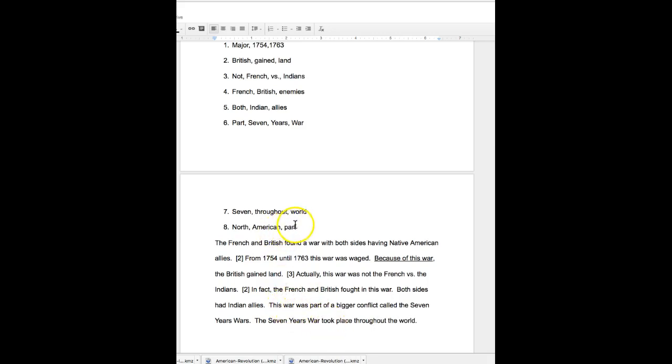And then the last sentence, the North American part of the war in North America is called the French and Indian War.